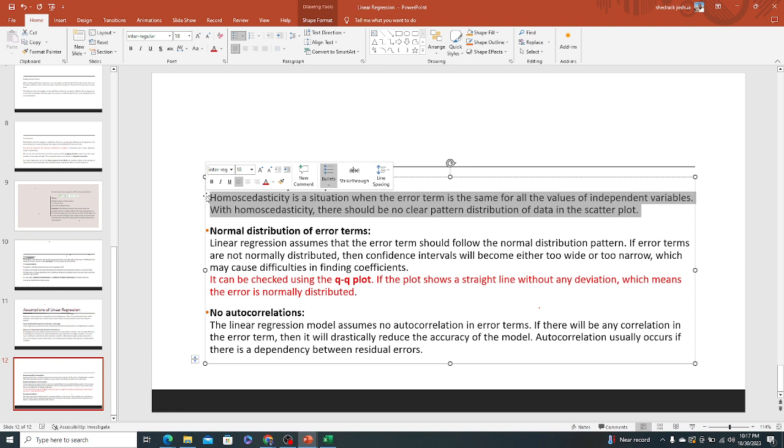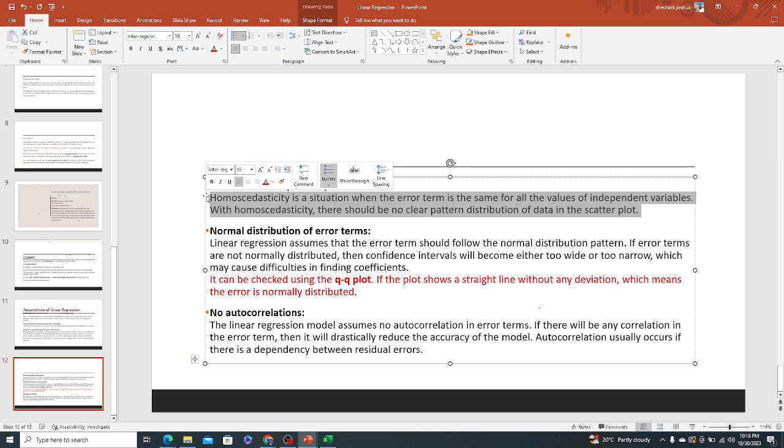For example, if the error terms are not normally distributed, this means our data might have outliers, or the data has many outliers.